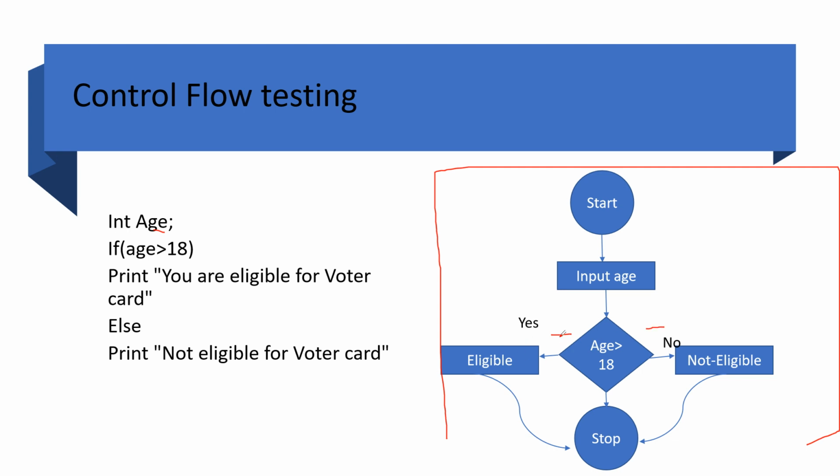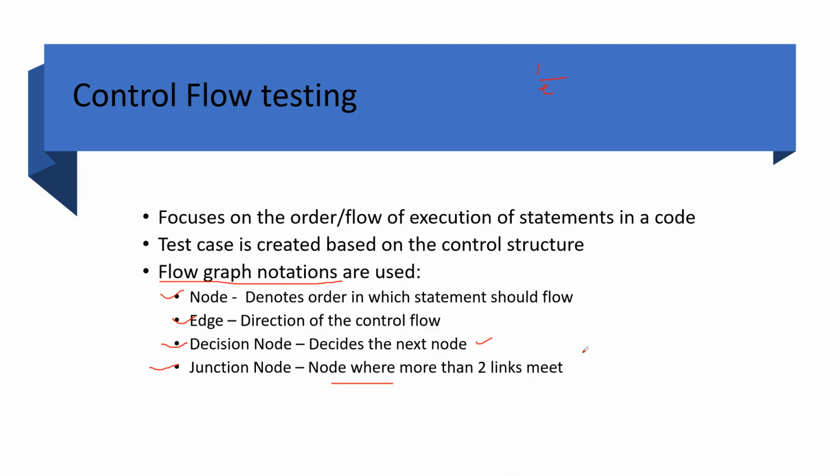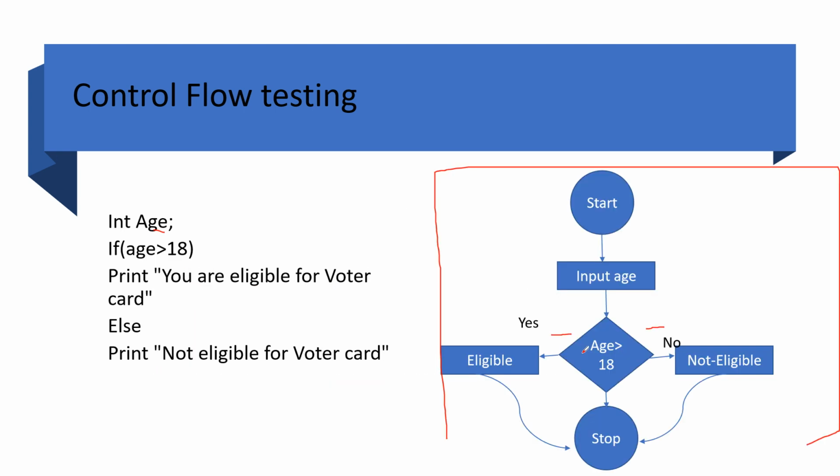So here come the edges. Edges mean the direction in which the flow goes. If it is eligible, then stop. If it is not eligible, also stop. If something does not match or something happens, then it should stop.